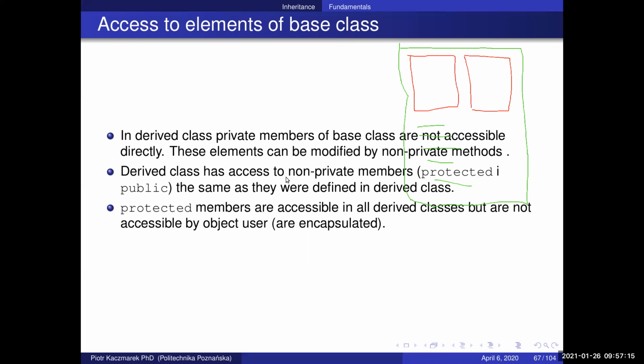If the access type is set to be protected, the derived class can directly get access to attributes and methods.